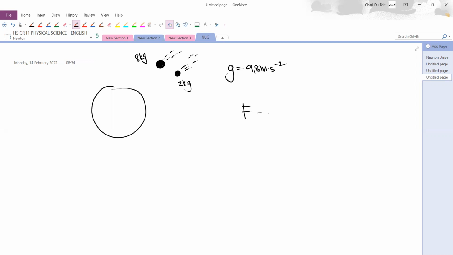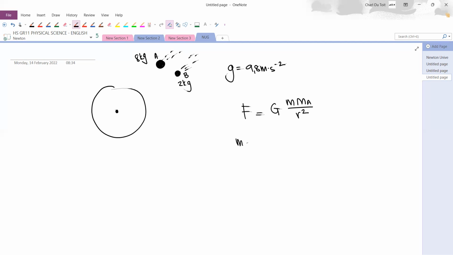So the force is G. Let's say A and B: the Earth attracts A in a certain way and B in a certain way, so that the acceleration of both of them is the same. So that's G times the mass of the Earth, the mass of the object, let's say this object is A, divided by R squared. So I'm going to work out g now.